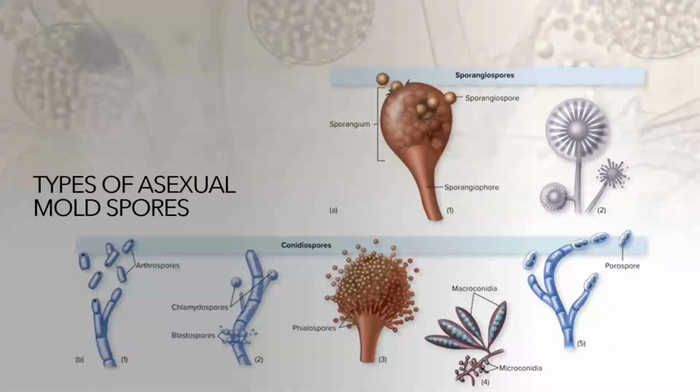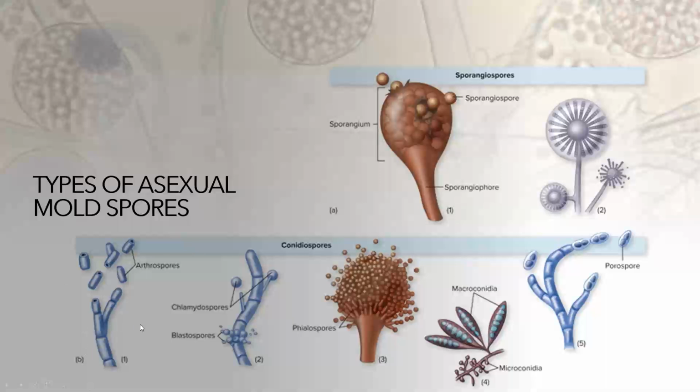Okay, so to give a visual representation of this, we have the sporangiospores here, where we're making a sac of bunches of spores, and we have a stalk. Again, this is the one, at least to me, that makes me think of a little dandelion puffball, but it's all enclosed in a sac.